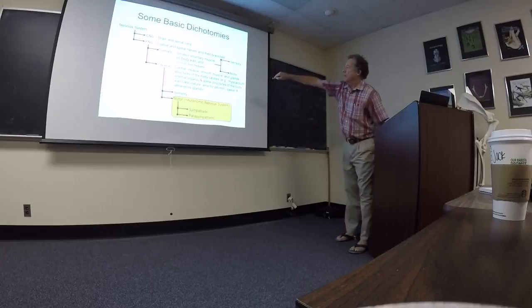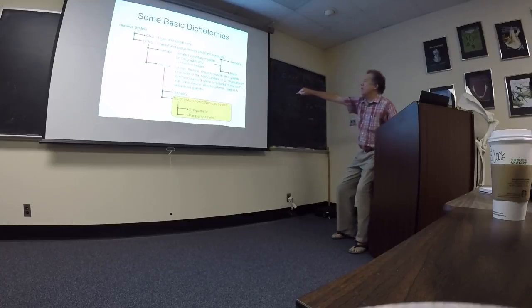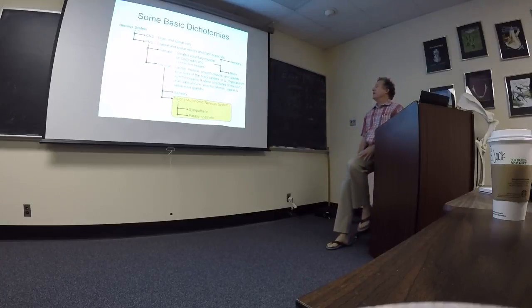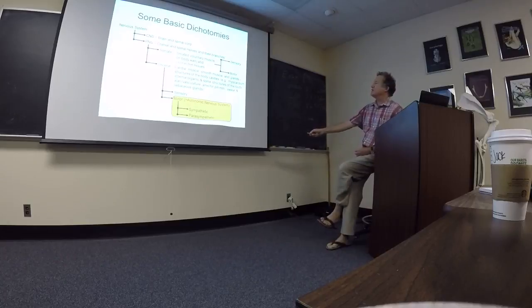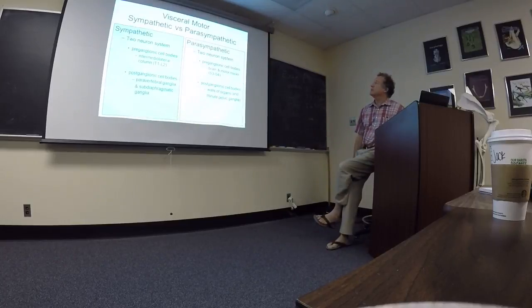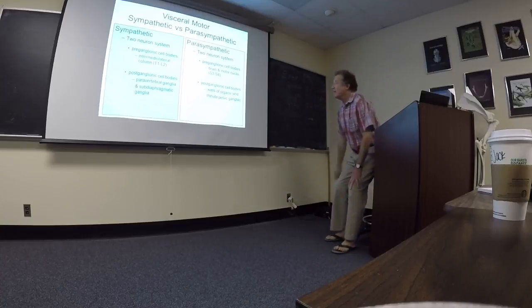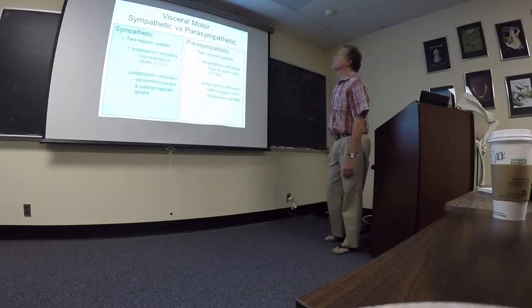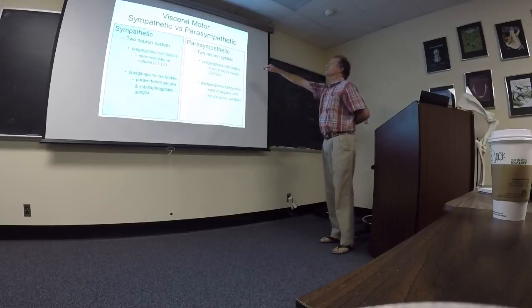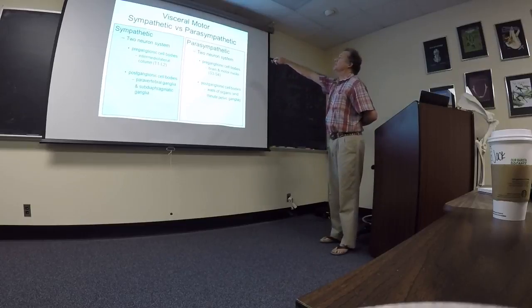Okay. Motor, our friend the autonomic nervous system. Remember sympathetics and parasympathetics? Remember, both of these are two neuron systems, not like the somatic motor system. There are preganglionics in both of them and postganglionics, with the synapse in between. Sympathetics, we dealt with extensively.